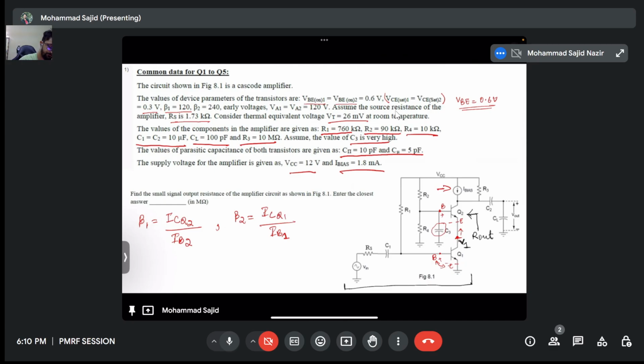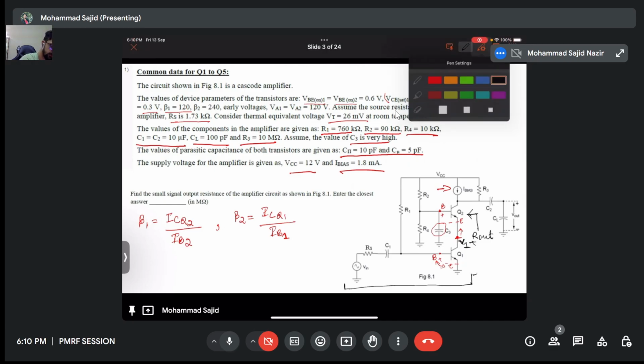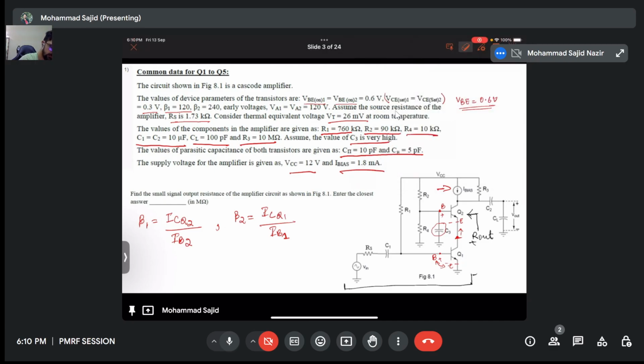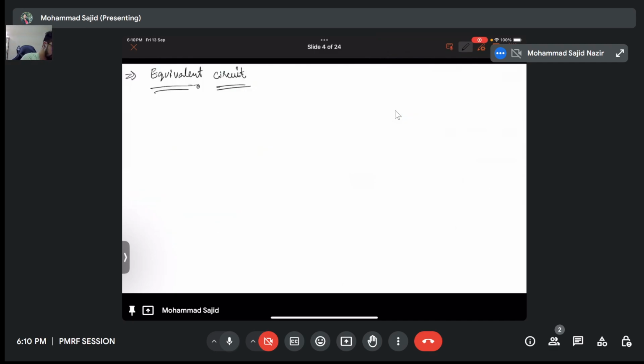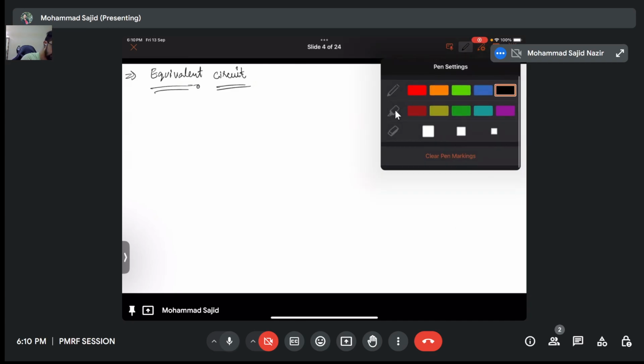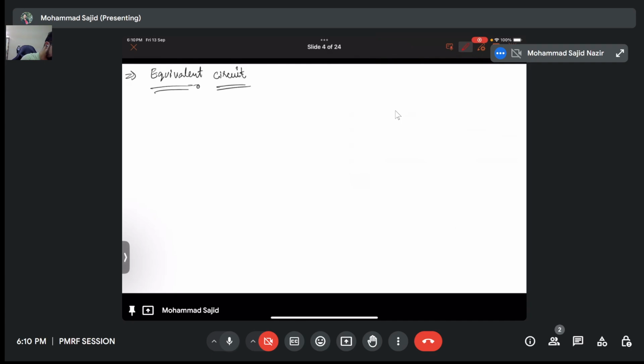Okay, all right. So now to draw the circuit for Q1, we can start from here because we need to further draw the set for Q2 as well.